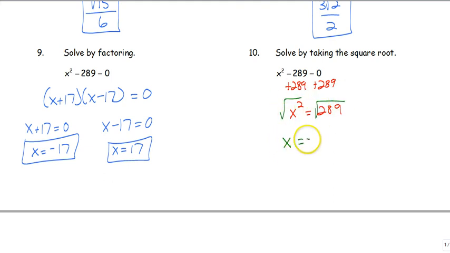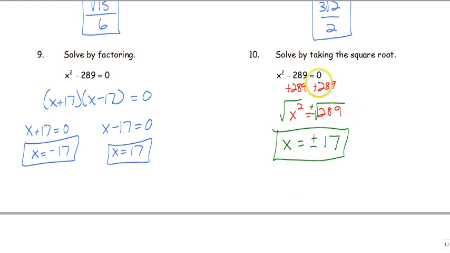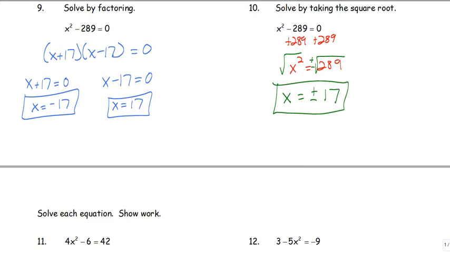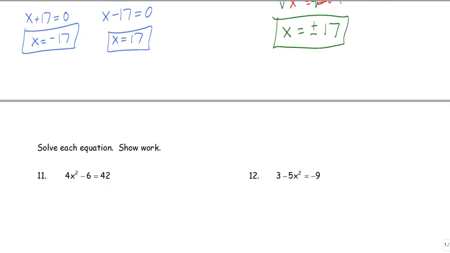So you get x is equal to plus or minus 17. Because when you take the square root, negative 17 times negative 17 can still get you 289, or positive 17 times positive 17 will get you the 289. So that's solving by taking the square root. Just move it over. It's like solving normally. Solving by factoring is factoring it and then setting each piece equal to 0.